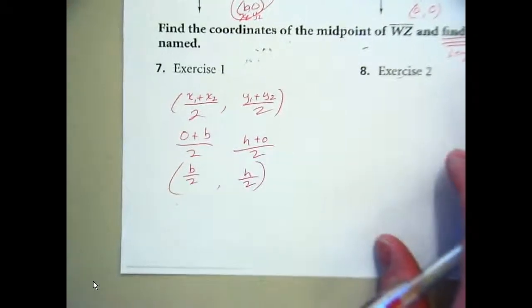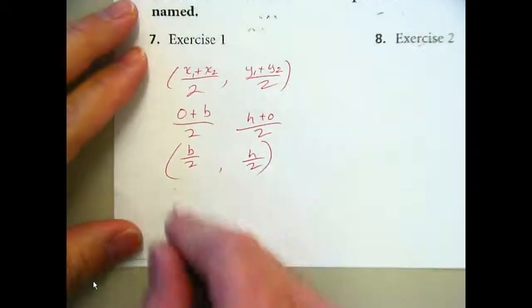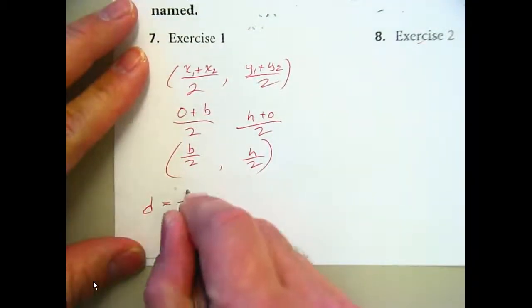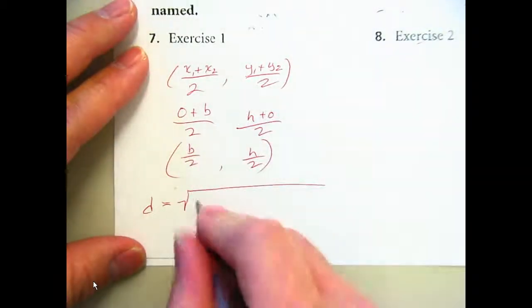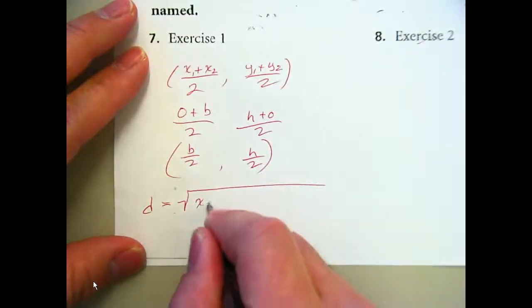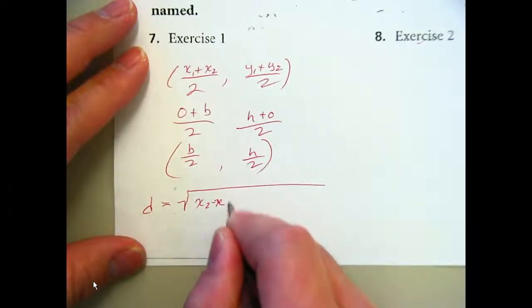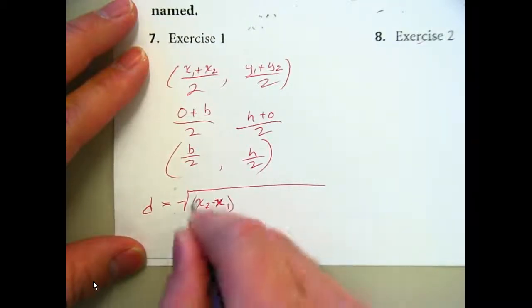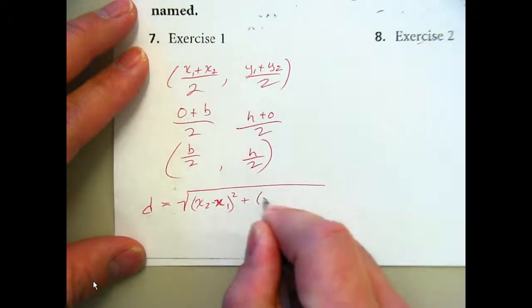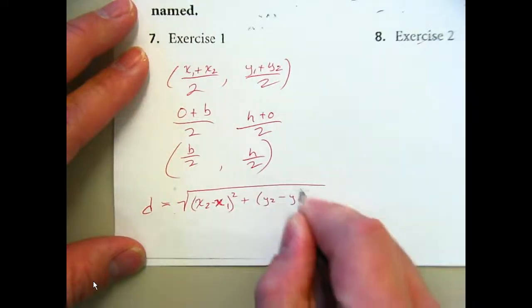Somebody else? All right, let's try the distance for that one. Distance formula. So d equals square root of x2 minus x1 squared, plus y2 minus y1 squared.